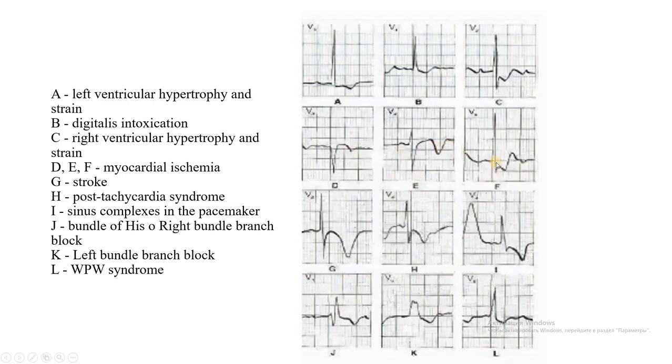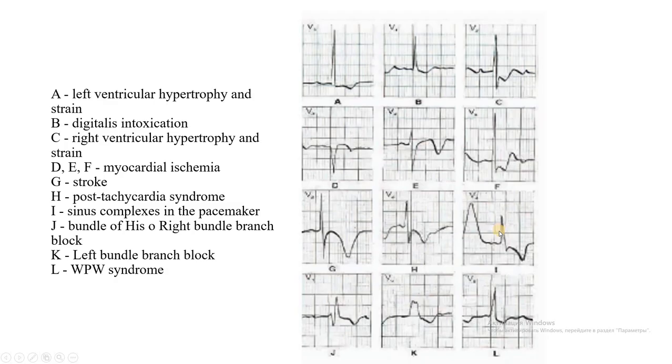This is the T wave in a patient who has myocardial ischemia. If the patient has a stroke, we can see deep negative waves. And next one, post-tachycardia syndrome. Here also we can see a negative wave.